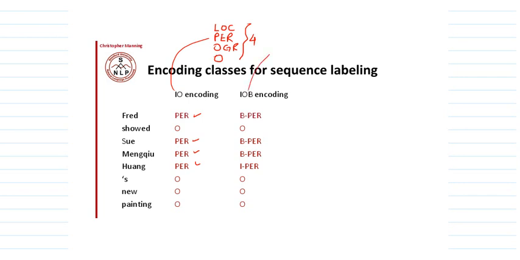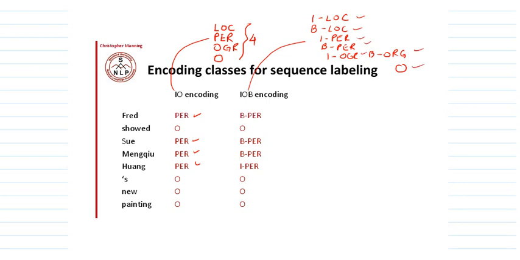So in this IOB encoding we have I-LOC as a label, B-LOC as a label, then for the person I-PER and B-PER, and similarly the same for I-ORG and B-ORG, and we have the O as the label. So we have 1, 2, 3, 4, 5, 6, 7 labels.